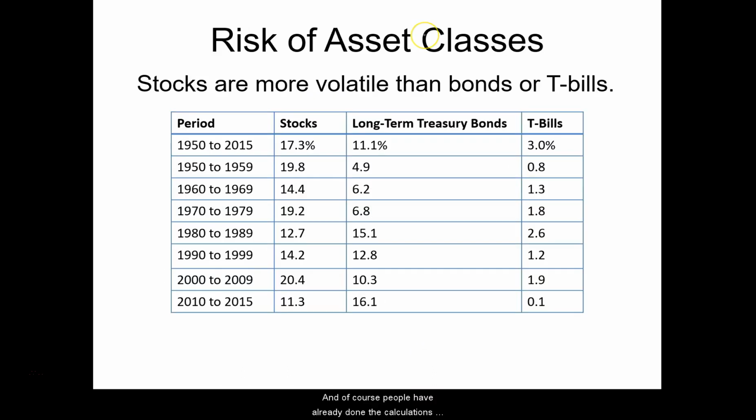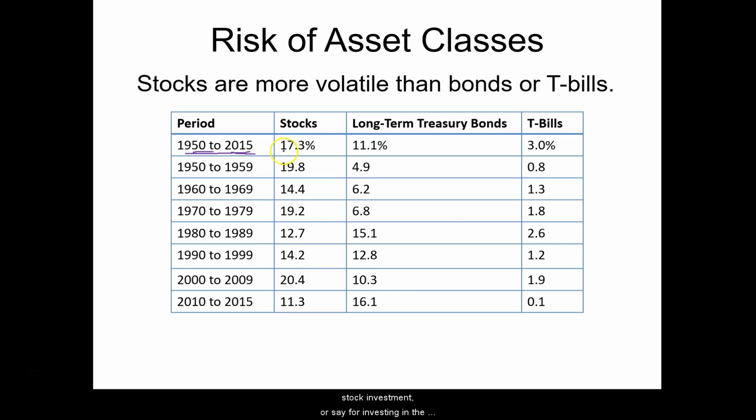37.68%. And of course, people have already done the calculation for the standard deviation of different investments. Overall, from 1950 to 2015, we look at the annual returns, and then we calculate the standard deviation of the returns in the past, say, 65 years.